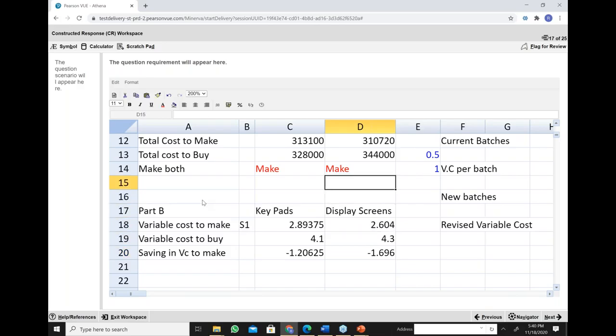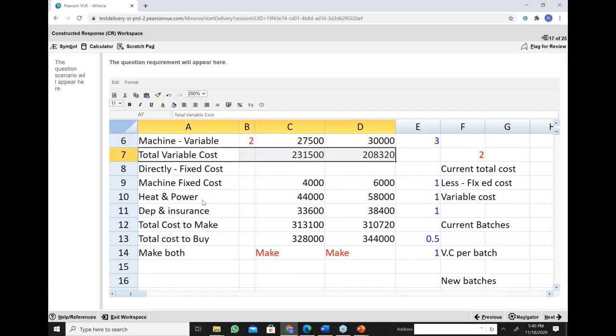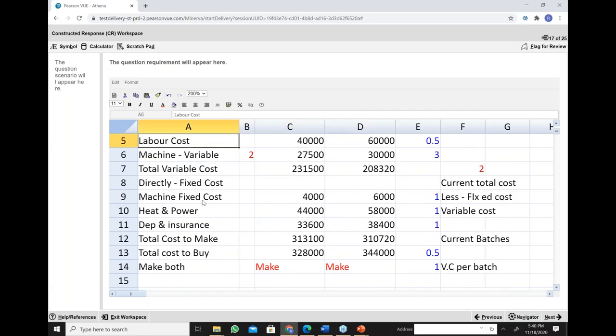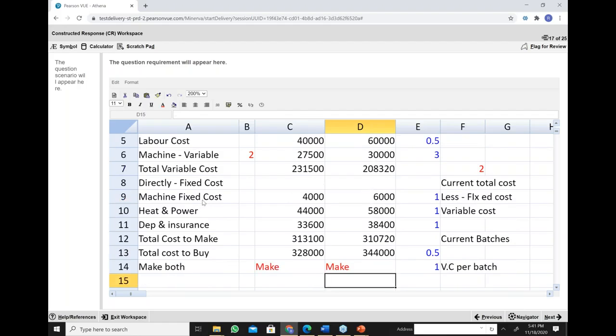It's simple, my friends. I've done the working of total variable cost already. So I use this figure and divide it by 80,000 units. So I get the cost per unit of keypad and per unit of display screen.